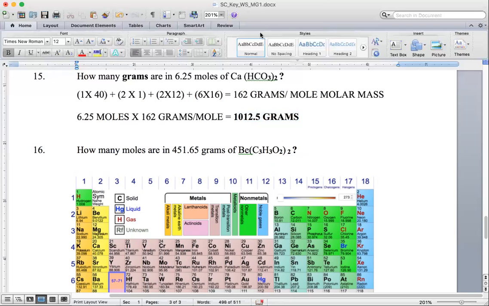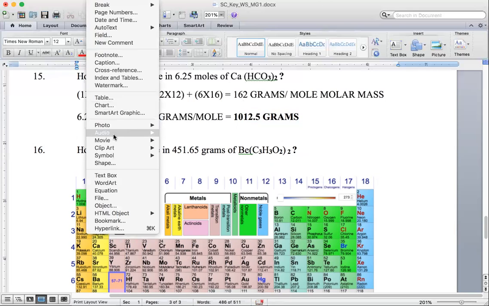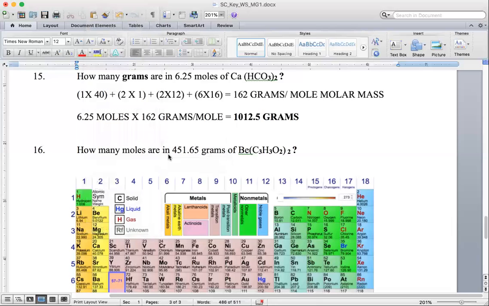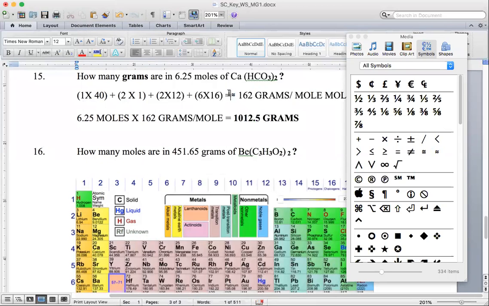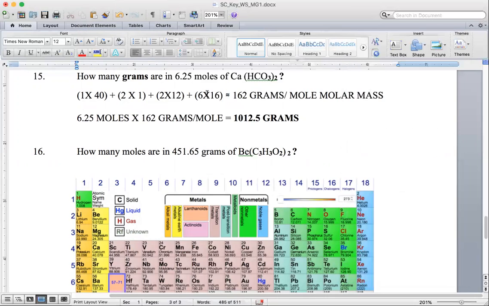Now for our purposes, since we're rounding, we might want to change this symbol to this, because these are approximate values.